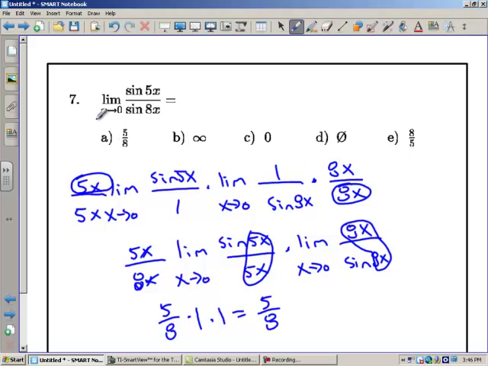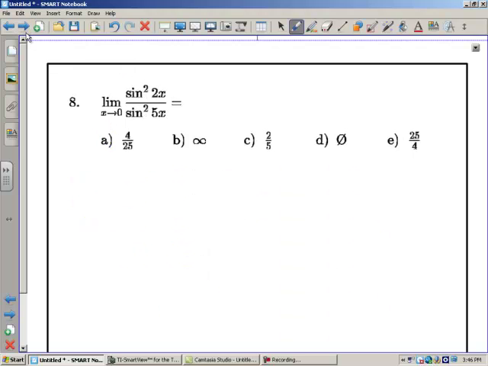So anyway, this answer is 5/8. All right, now what about this messy thing, sine squared? Well, I'm going to get you started on this. This will be the limit as x approaches 0 of sine of 2x over 1 times sine of 2x over 1. That's sine squared.